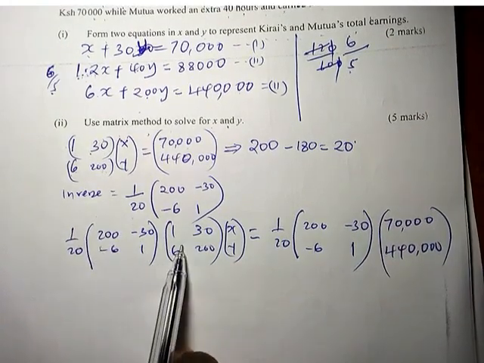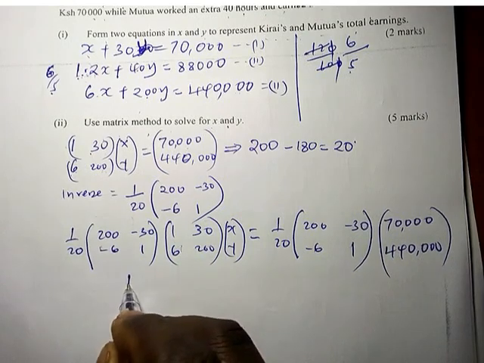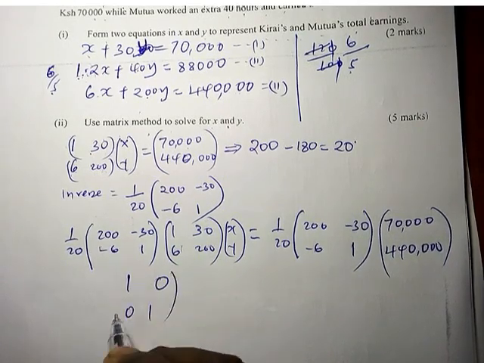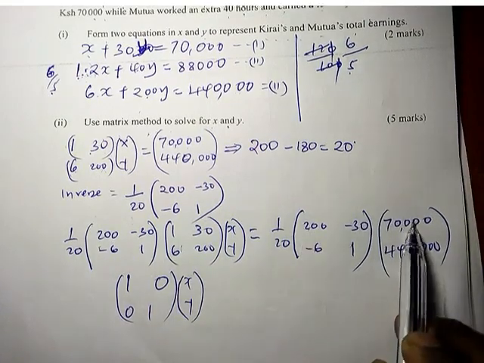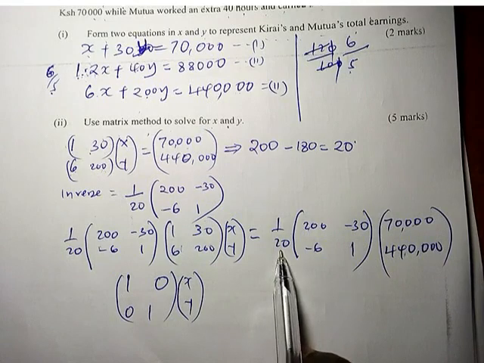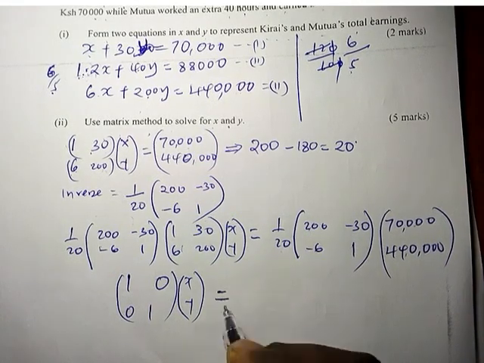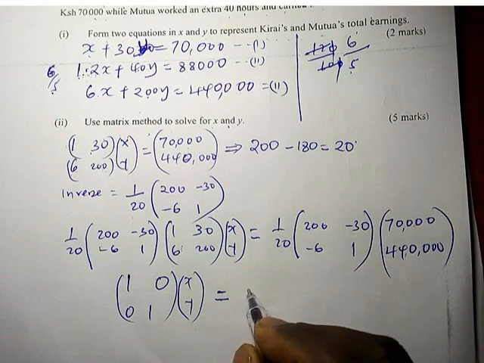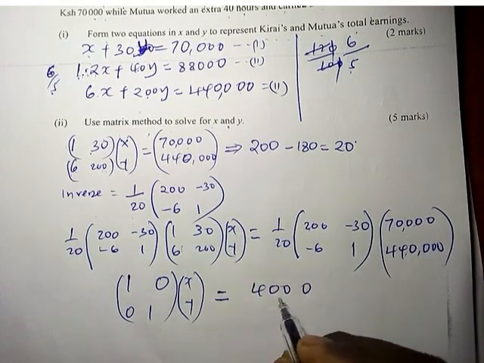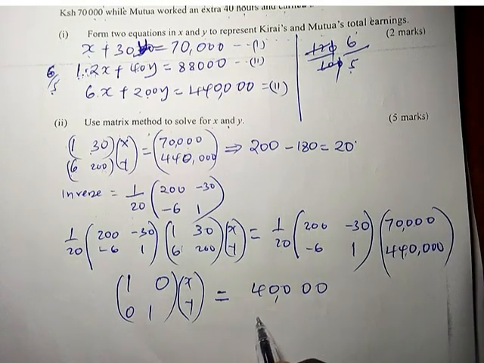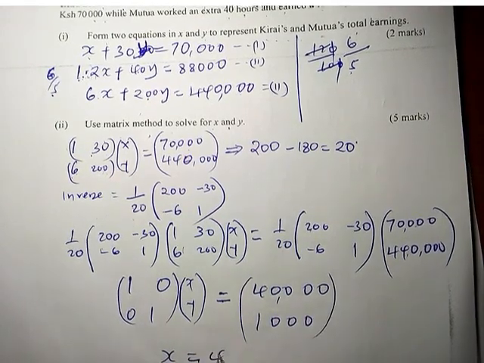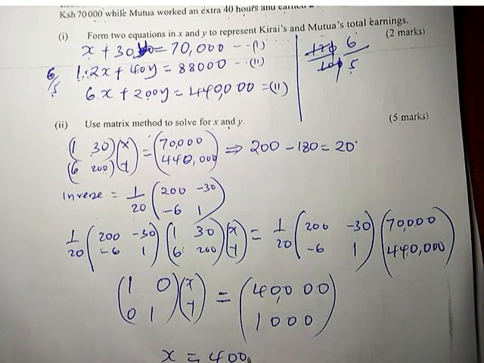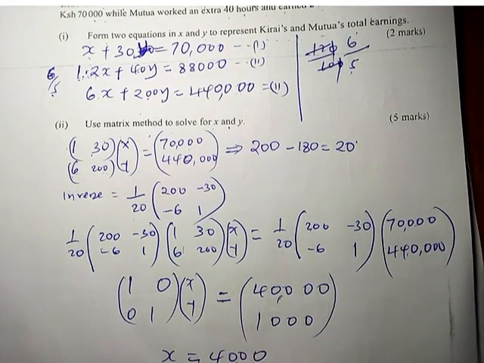An inverse with the matrix is going to give us the identity matrix 1, 0, 0, 1, times xy. So multiply this times this, then 5 times that, and that one is going to give us 400,000 and 1,000, meaning that x is equal to 40,000 and y is equal to 1000.